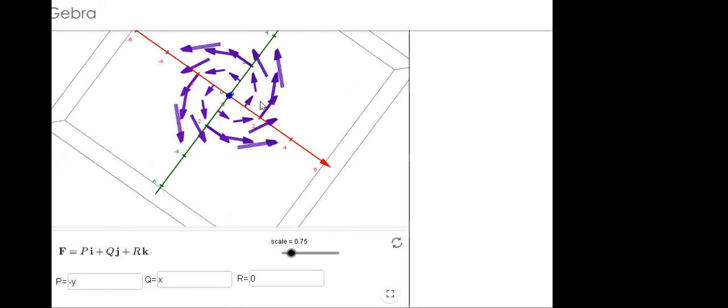That means if you consider any point, the rate of flowing in is the same as the rate of flowing out. There is neither a sink nor a source anywhere.